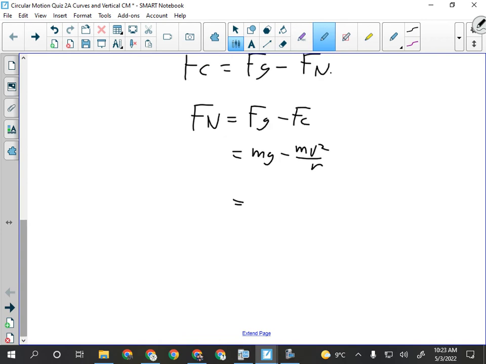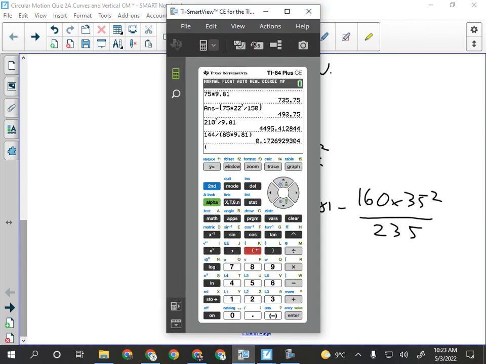So we've got our 160 kilograms times 9.81, minus 160 times 35 squared divided by 235.